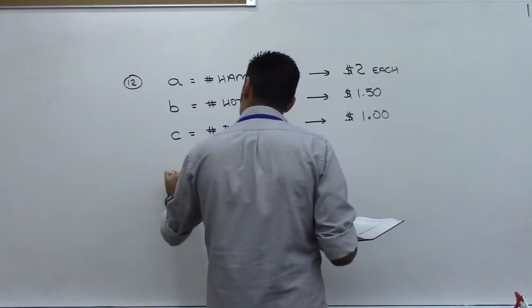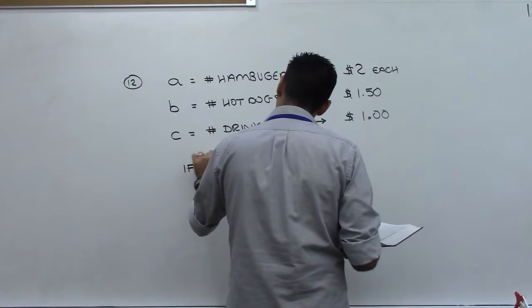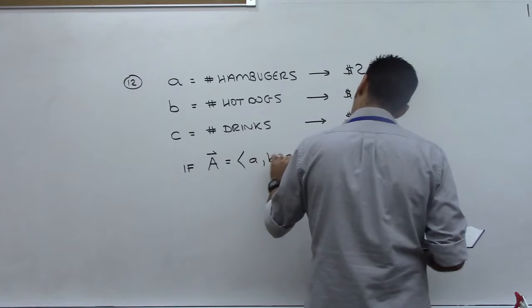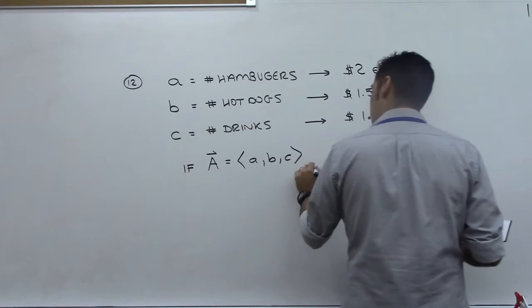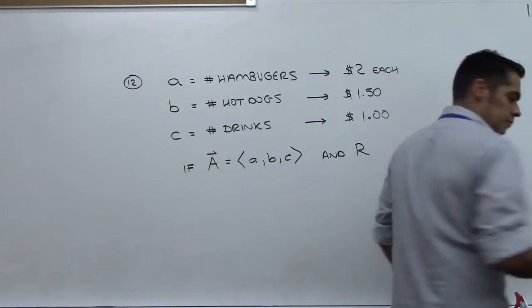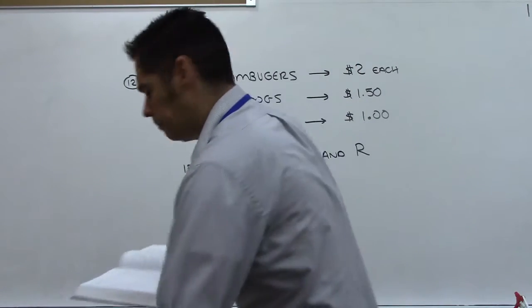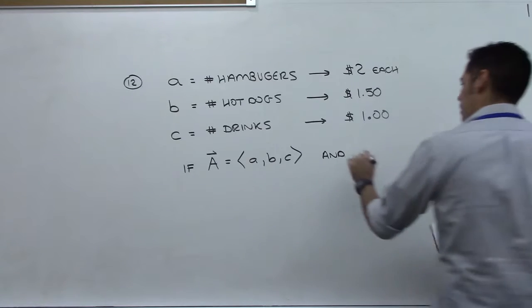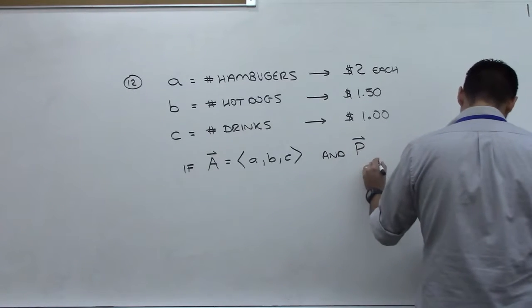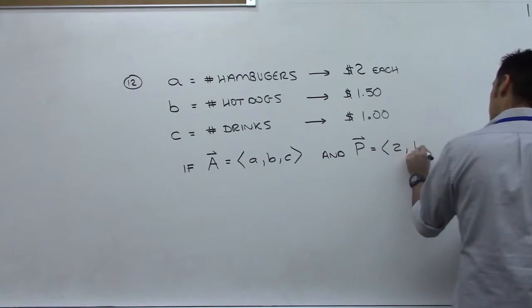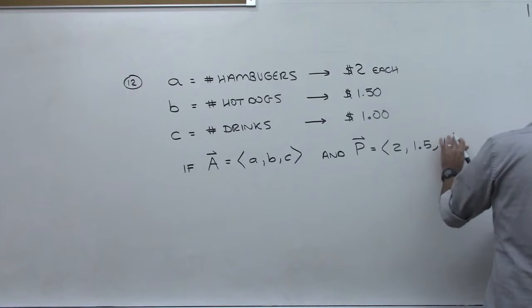If the vector A equals ABC, and the vector P equals 2, 1.5, 1.